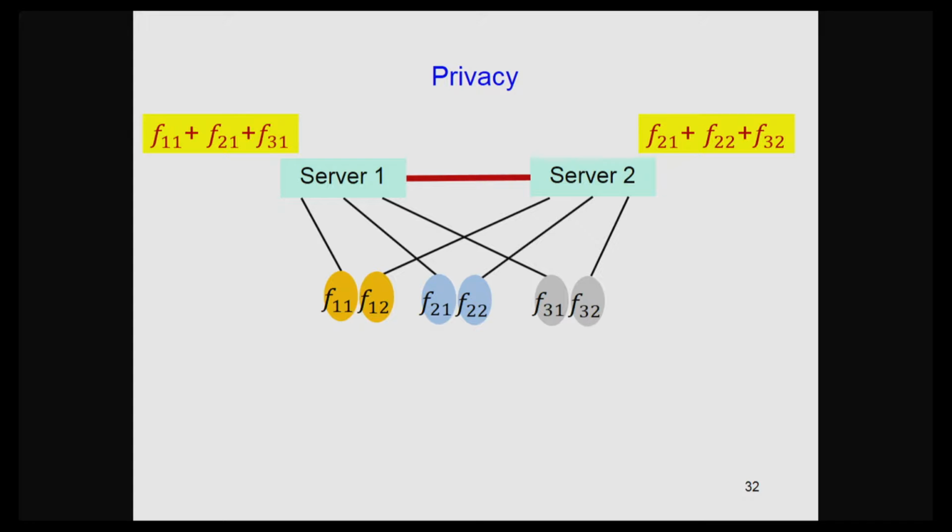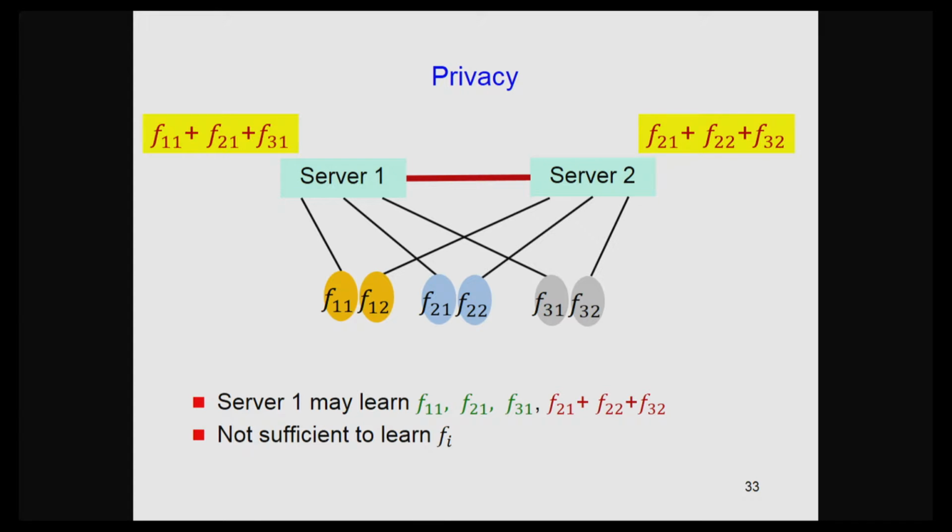The only communication server 1 has with this guy is through server 2. But server 2 only presents cumulative information over these three cost functions. So in principle, if you grant me that server 1 will learn as much as possible, what's possible is that he may learn each of these individual functions, f11, f21, f31, and the sum of these three. But that's not really enough to reverse engineer any of the individual cost functions, f1, f2, f3. Does that make sense?